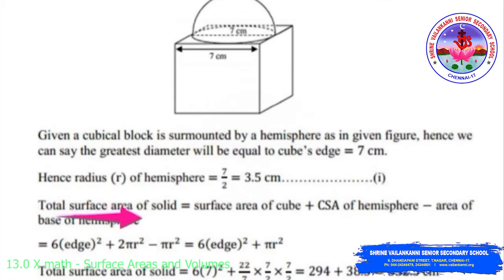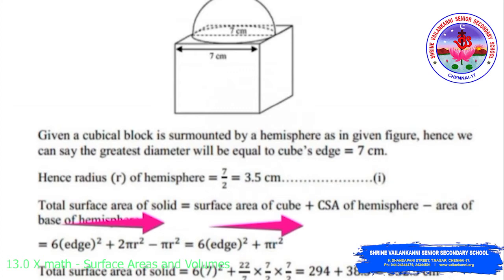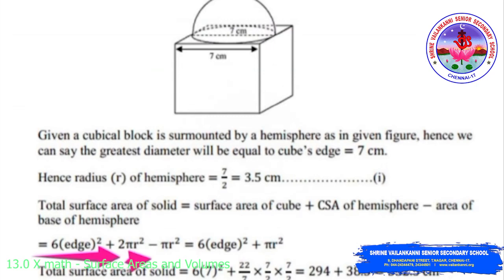The total surface area of the resulting solid will be equivalent to surface area of a cube plus CSA of a hemisphere minus the base of the hemisphere, which is a circular region, equal to 6 into side squared plus the CSA of a hemisphere, which is 2 pi r squared, minus the base area of the hemisphere, which is the area of a circle, so minus pi r squared. So 2 pi r squared minus pi r squared will give pi r squared, along with 6 into side squared.